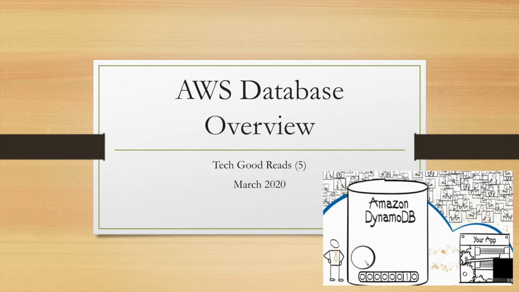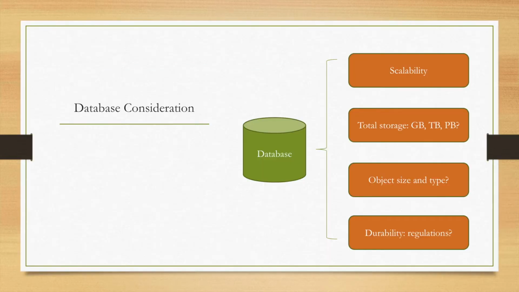Today, let's talk about AWS database. When we want to design a database in our system, we have several considerations. Scalability: how we scale the database, vertical scale or horizontal scale.